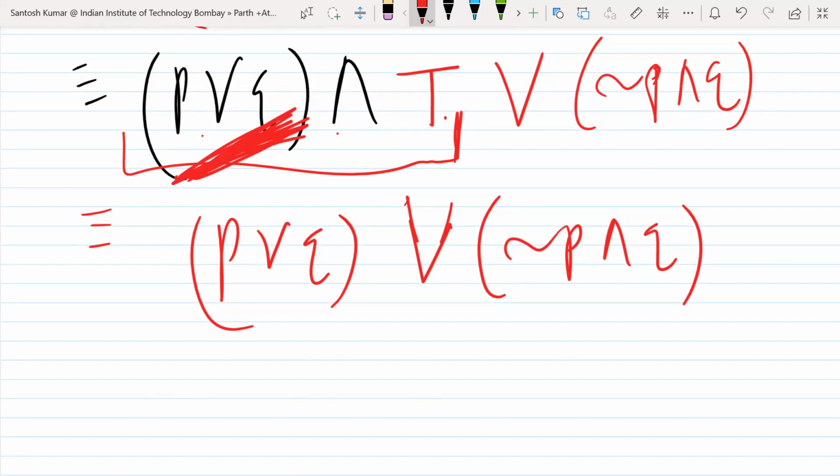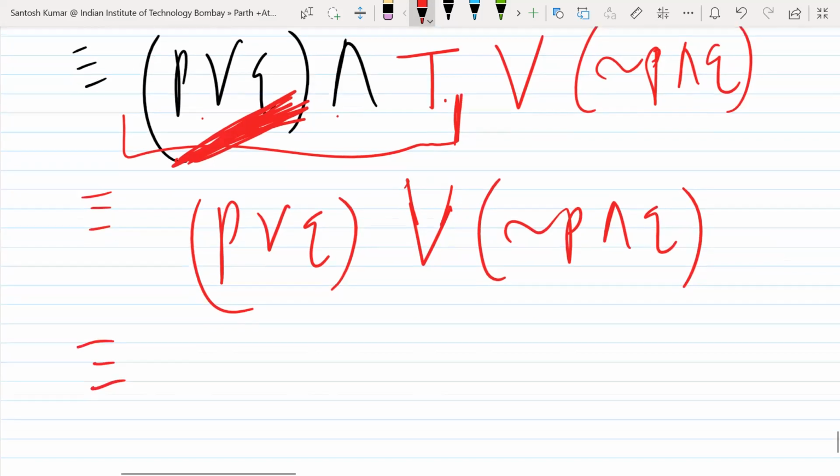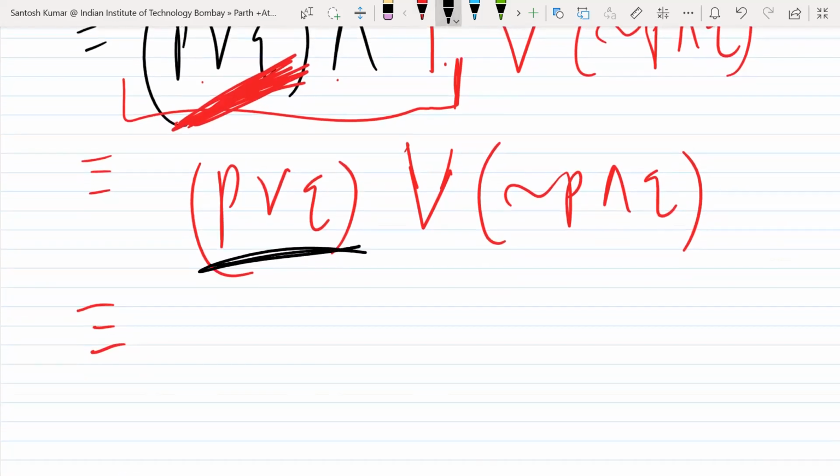P or Q, or not P and Q. So let's use distributive again. Distribute this over inside.